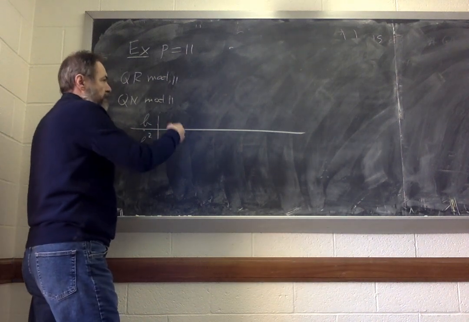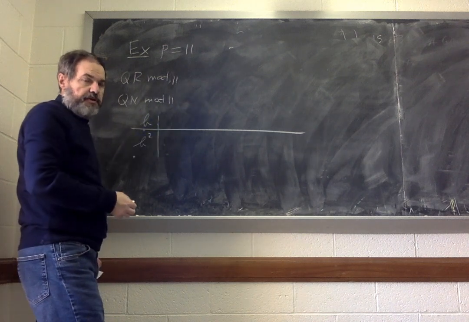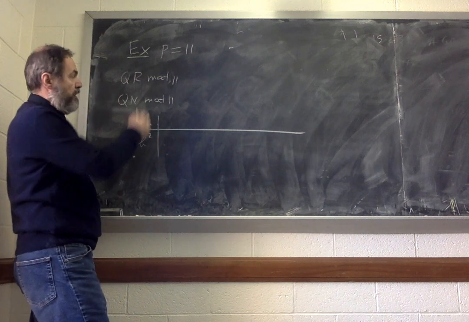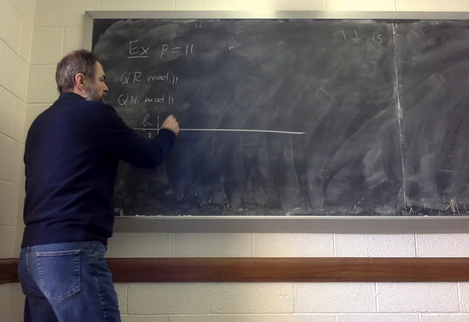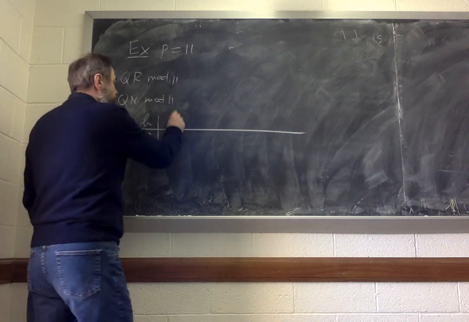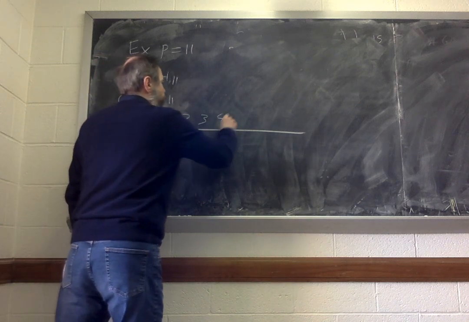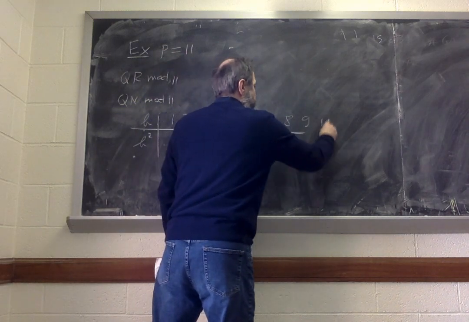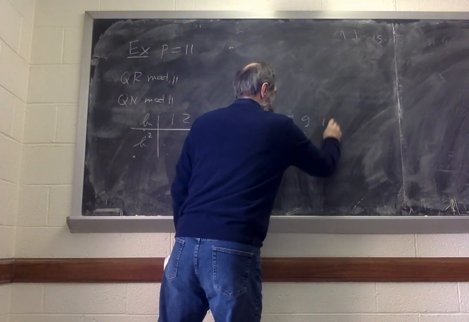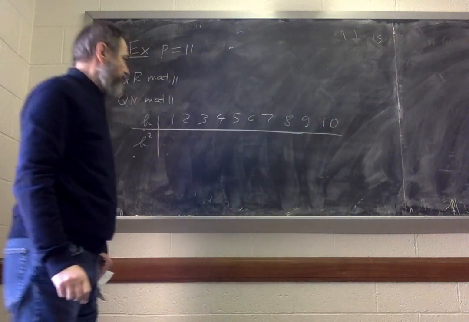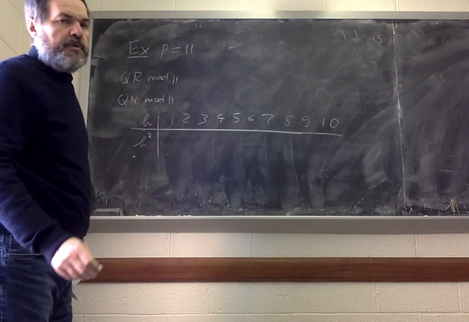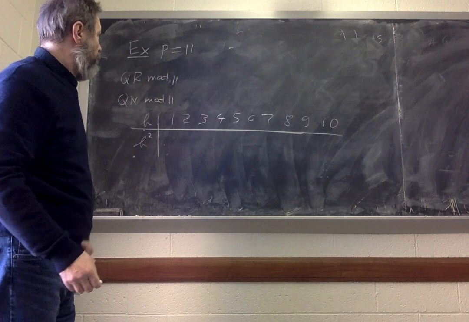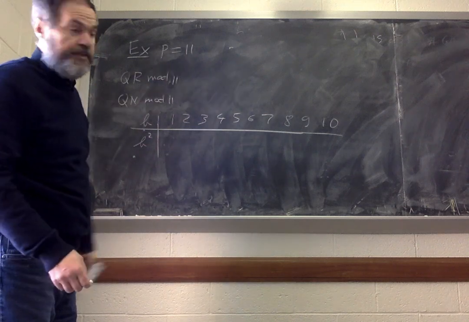Take numbers b relatively prime with 11, so numbers from 1 to 10. Compute their squares modulo p, mod 11 in this case.